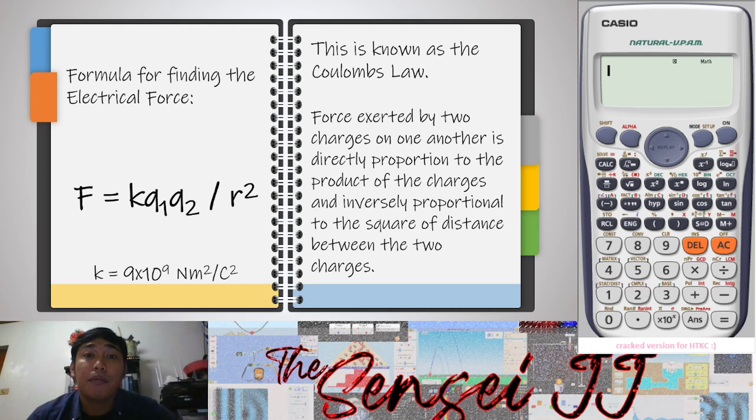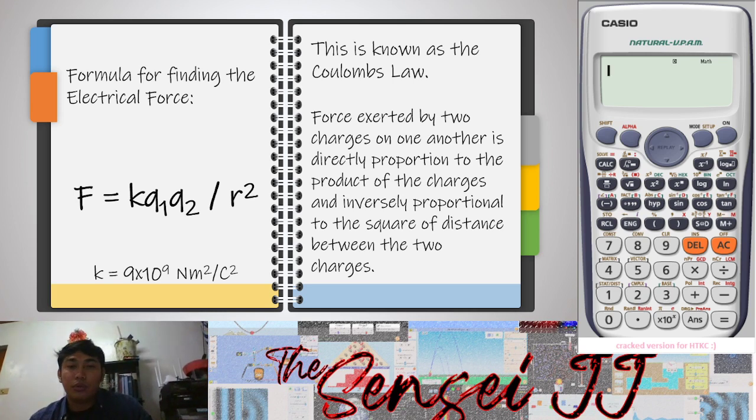Force exerted by two charges, which is Q1 and Q2, on one another is directly proportional to the product of the charges, Q1 and Q2, and inversely proportional, because our distance, or r, is our radius, inversely proportional to the square of the distance between the two charges.